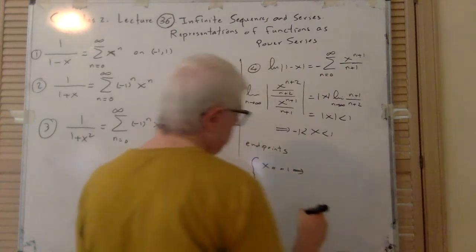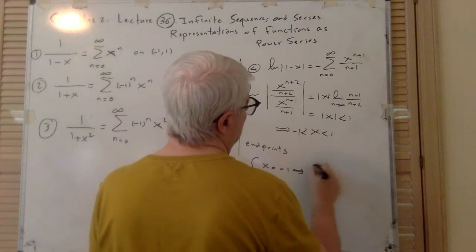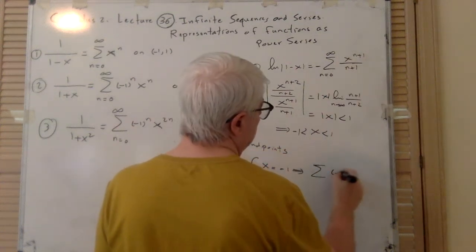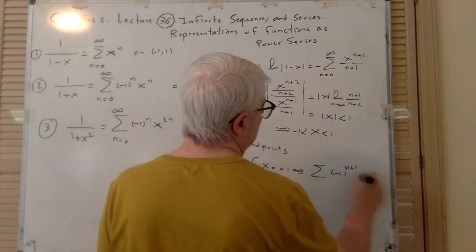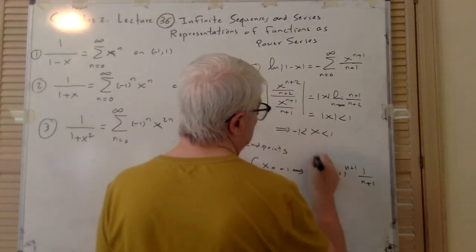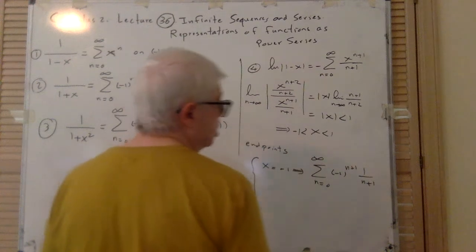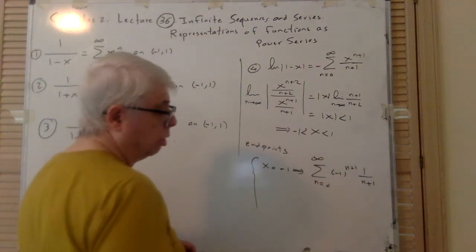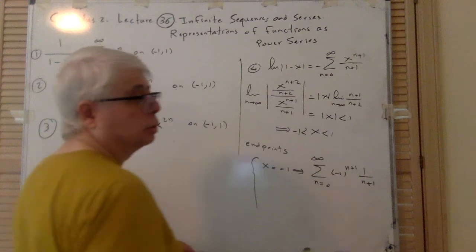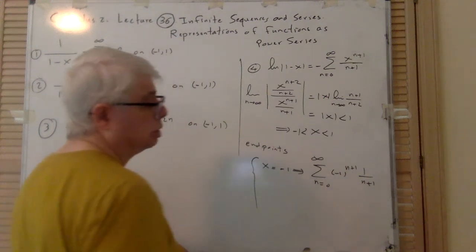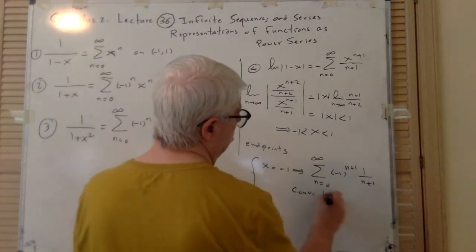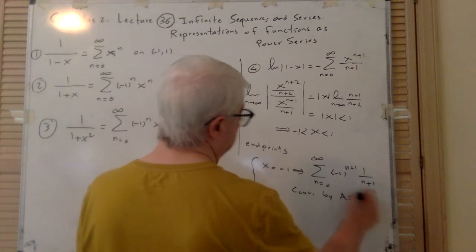Sigma of (-1) to the power n plus 1, times 1 over n plus 1, starting at 0 to infinity. And that's an alternating series, and 1 over n plus 1 is like 1 over n, so it is decreasing, and the limit is 0, so it is convergent by alternating series test.